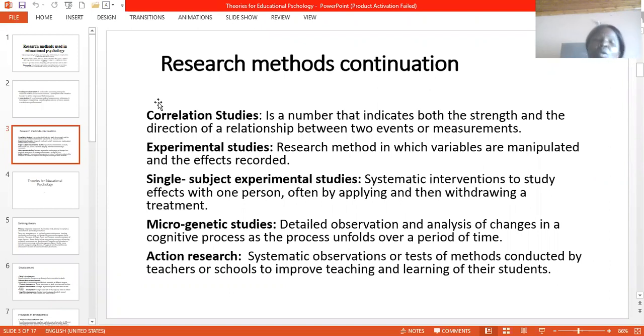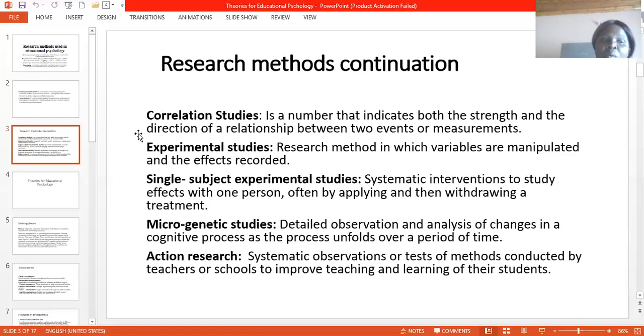So as we continue with the course, we are going to use action research to check our pupils in class, how they learn, how they improve their learning, how they do their work in class. That is action research. We're going to use that one as time goes on.